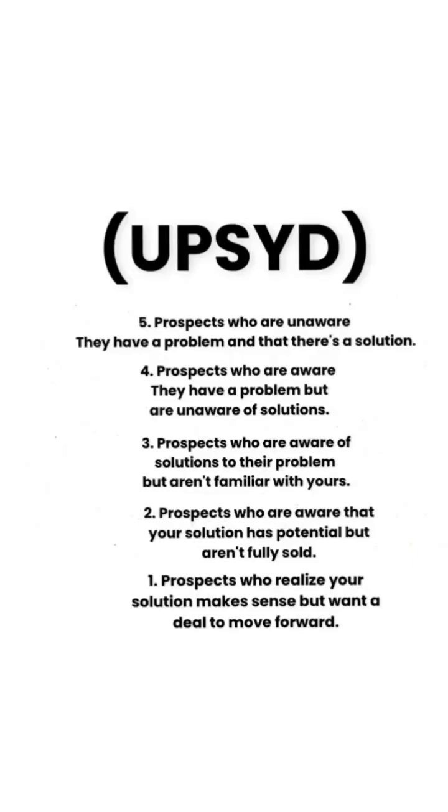Now we're going to move down to step number 2, right? Step number 2 is the Y, the why, right? So they are aware that they have a problem. They're aware of what the solution is. Now they are educated on your solution, but they're not quite sold yet, right?